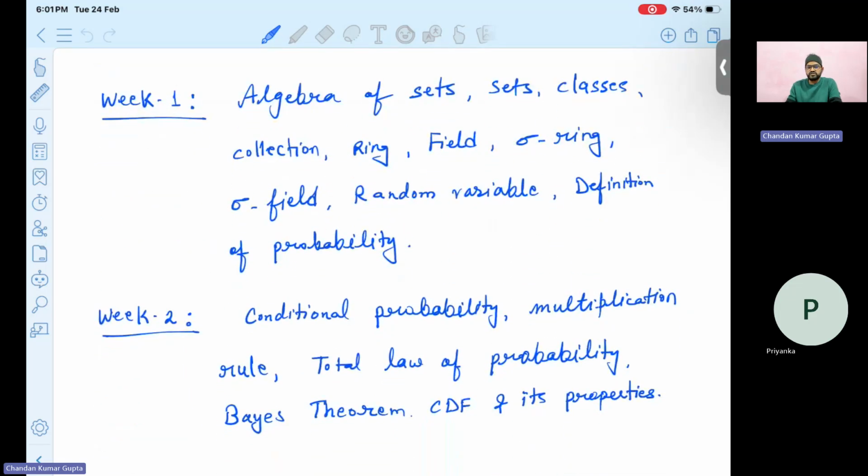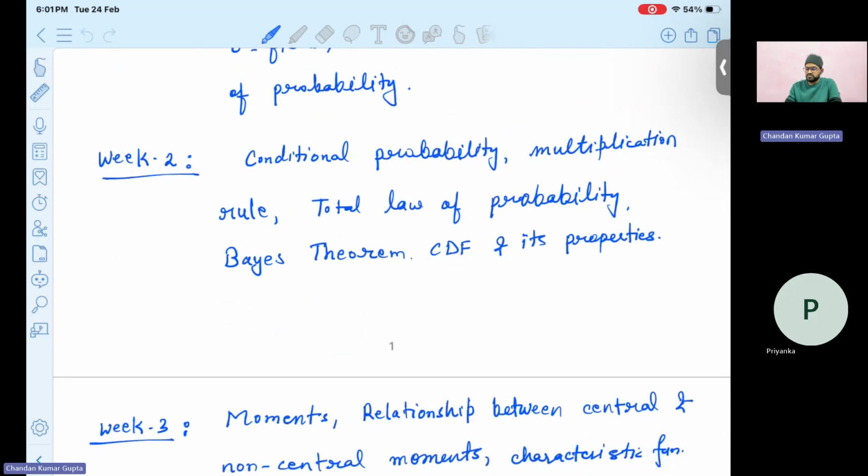In week one, we discussed algebra of sets, set theory, classes, collection, ring, sigma field, etc. In week two, we discussed conditional probability, the multiplication rule of probability, total law of probability, Bayes theorem, the cumulative distribution function and its properties.